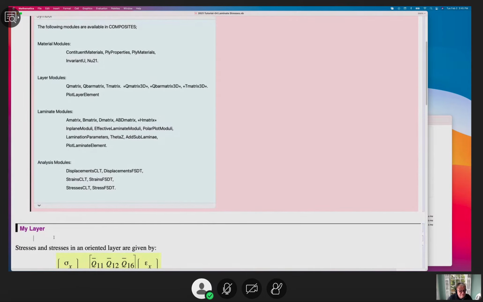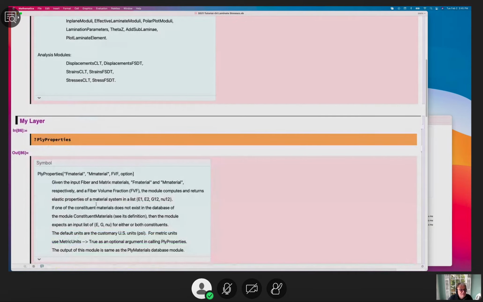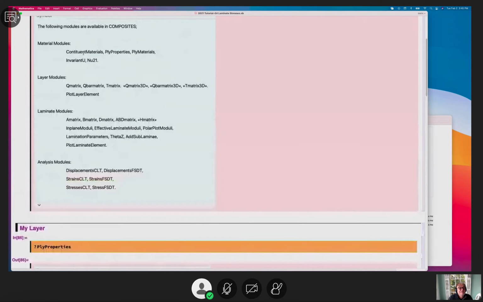So I can type apply, and by the way, as soon as I type apply, these functions that I already executed, they appear. I can choose one of them. Okay, so apply properties says no, this is the wrong one. Not apply, but apply properties. Apply materials, constituent materials.